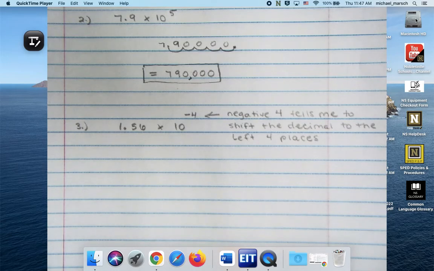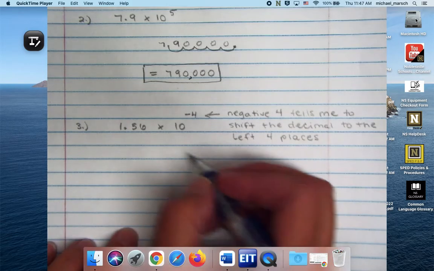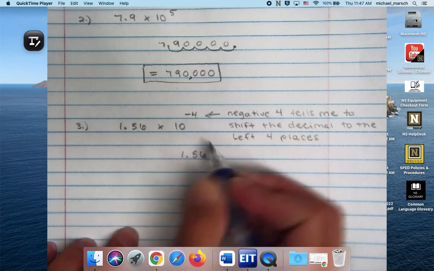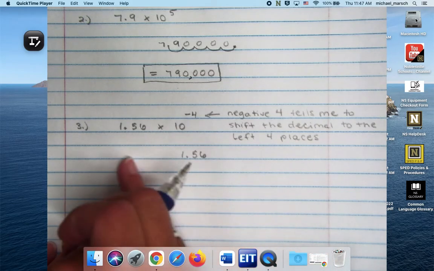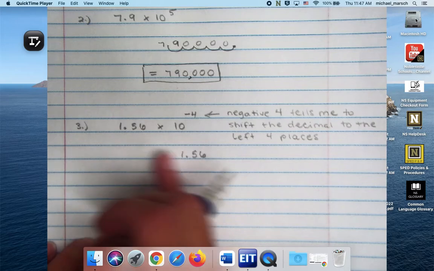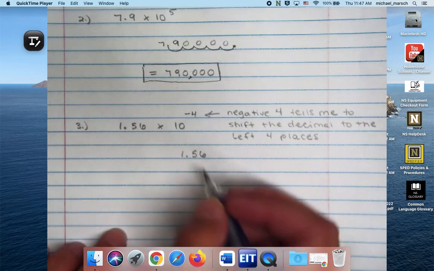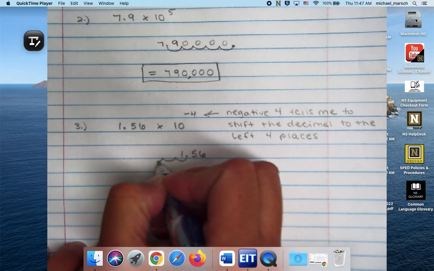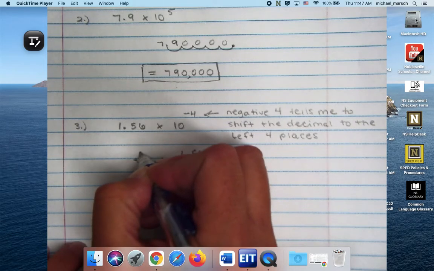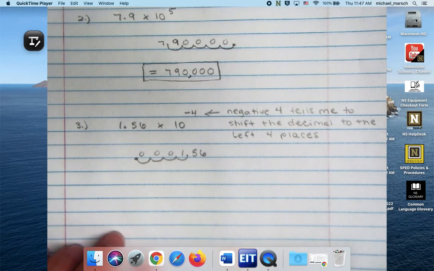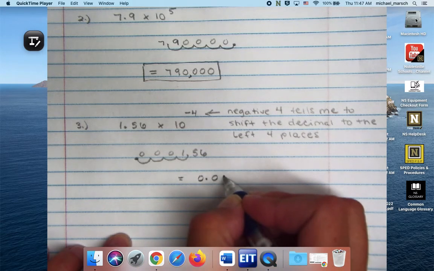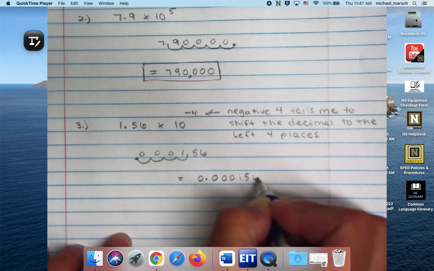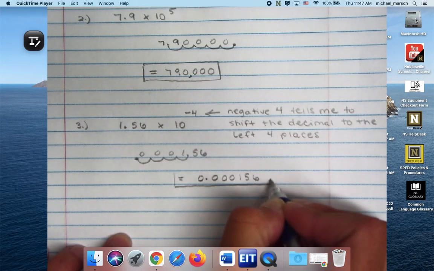A positive exponent tells me I'm going to have a larger value. So I'm going to write the 1.56 kind of over here in the middle, because I'm going to shift my decimal to the left, so I'm going to want space over here for those 0 placeholders. 1, 2, 3, 4. Got my placeholders. And this is my answer in standard form.